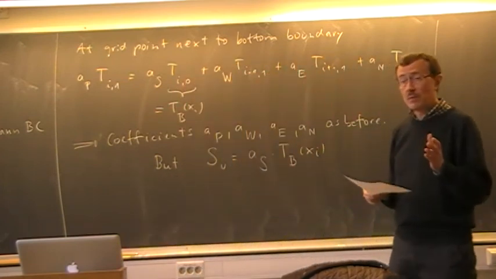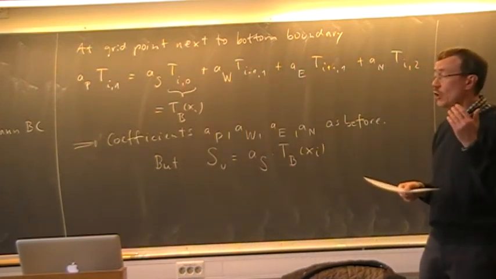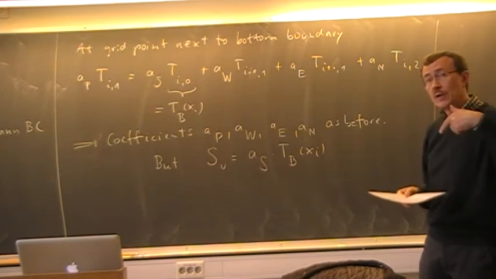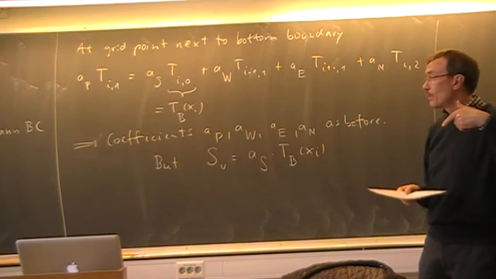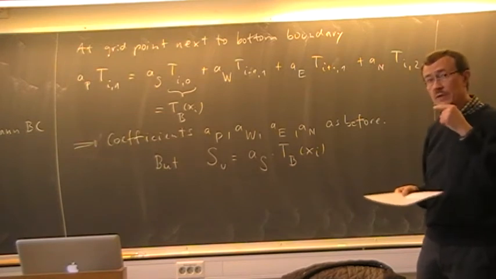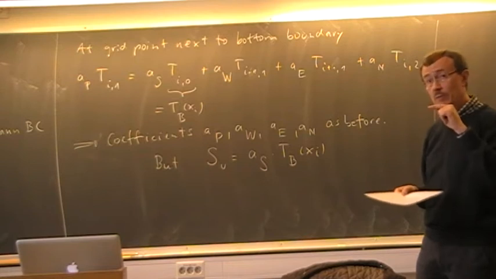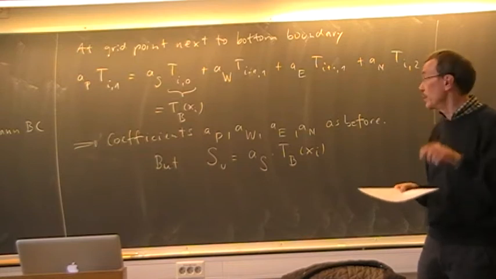And we have to do it because we have no condition on the value, we have only a condition on the y derivative. So therefore we really have to do the discretization at the top boundary. When we have a Neumann boundary, we have to do it at that boundary.